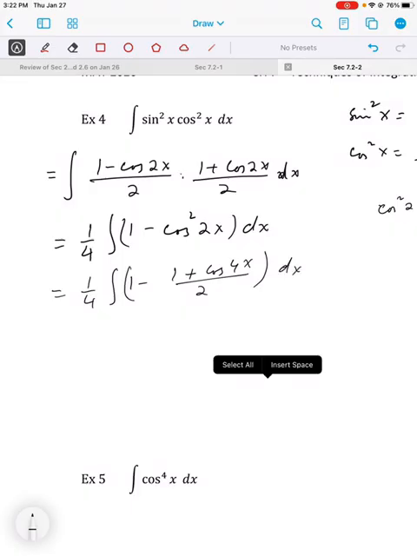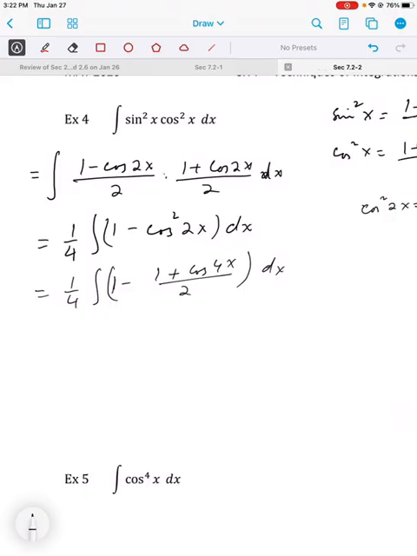We can now expand it or combine the like terms. You can see there is 1 here, and we will be getting a 1/2 minus 1/2 from inside.